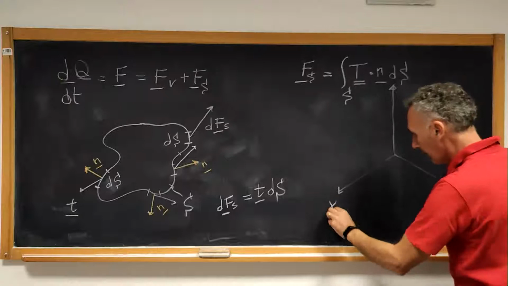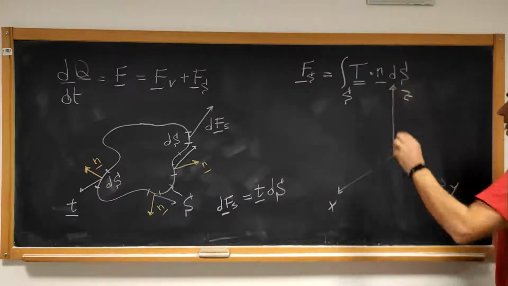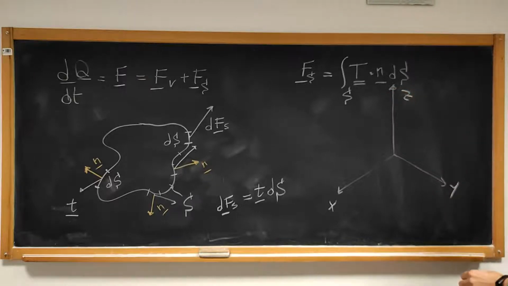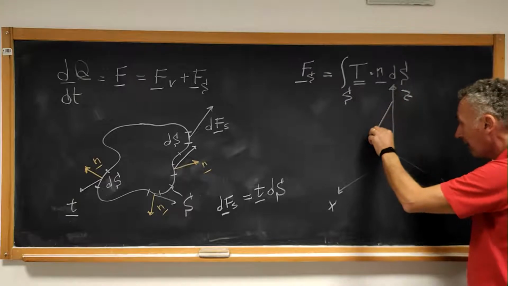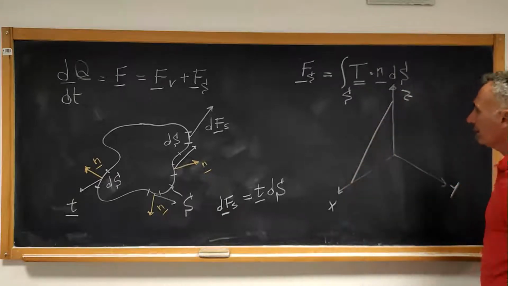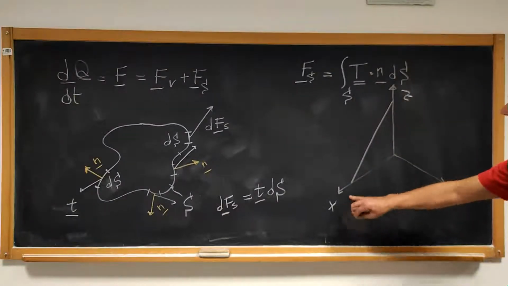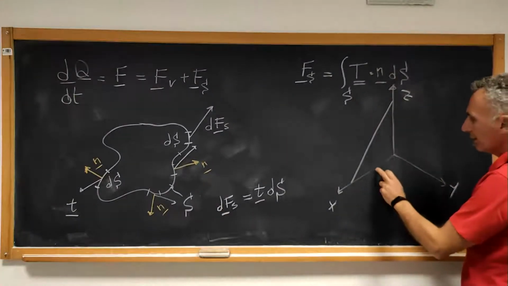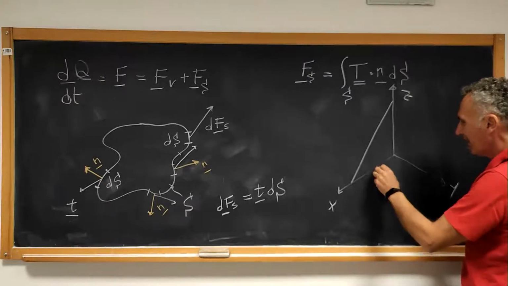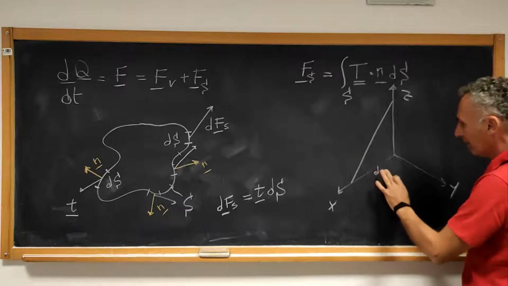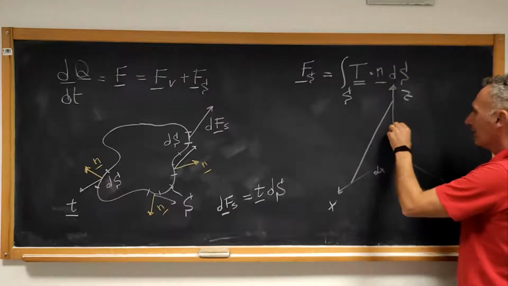So we have a Cartesian reference frame, these are the axes, and now I can have a solid made in the following way. So I have here one triangle in the xz plane, so that this edge is dx, and this edge is dz.